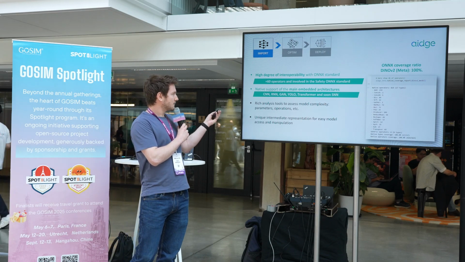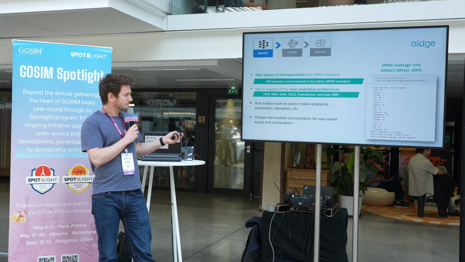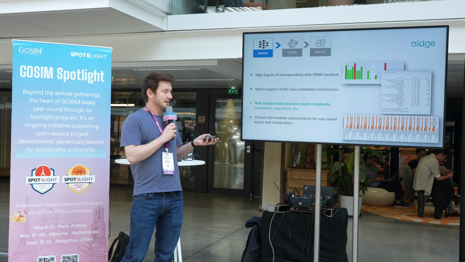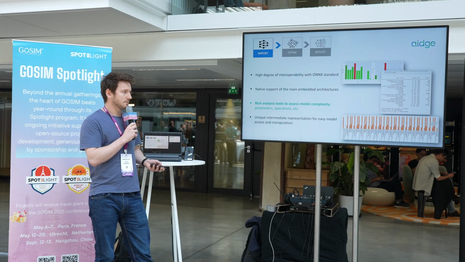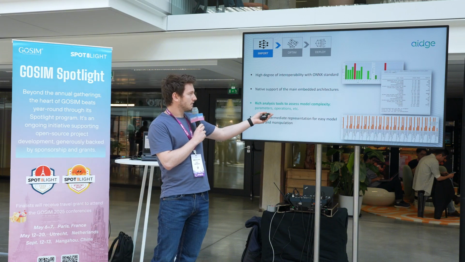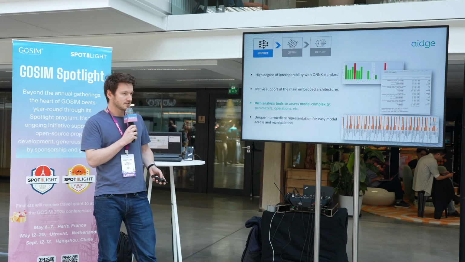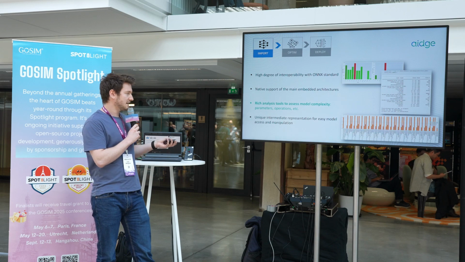We also support most of the main embedded architectures. Once you've loaded your model, you can easily, with Aidge, assess the performance and the complexity of your model. For example, looking for bottlenecks in computation or in the number of parameters, which you can then fine-tune your model using the optimization available in Aidge that we'll see later.